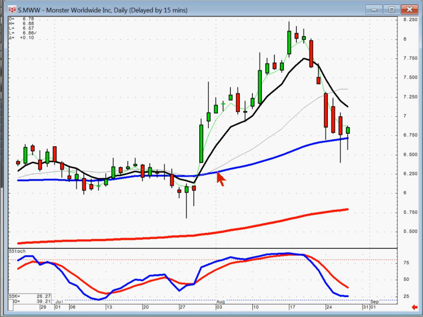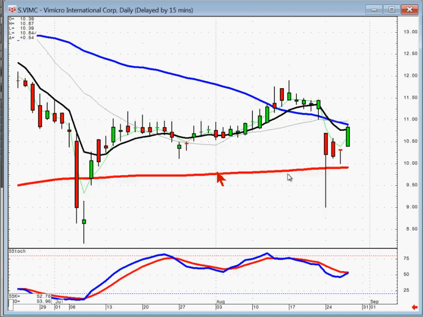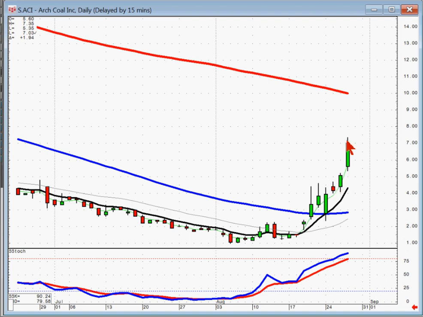If I was short, I'd be ready to cover on a positive open. I wouldn't be going long, though, until it does close up above the T-line. VIMC, doji gap up, another one you can buy on positive trading coming up through the moving averages.